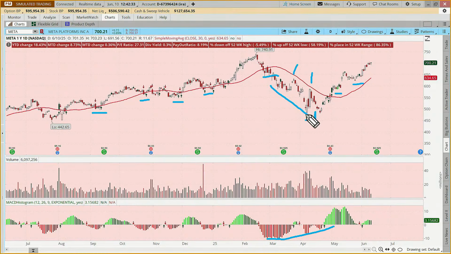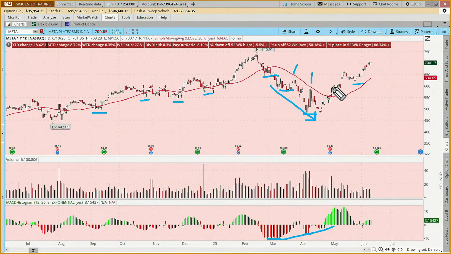So this was definitely a lower low than this. And yet we have a higher low here on the MACD. And so that can be seen as a sign that maybe you ought to sit up and pay attention that this trend might be about to change. And did it change on this date? Well, no, but it started to change here.